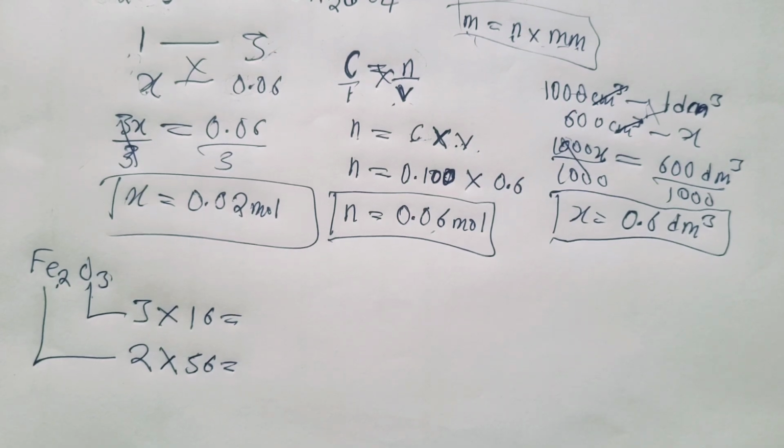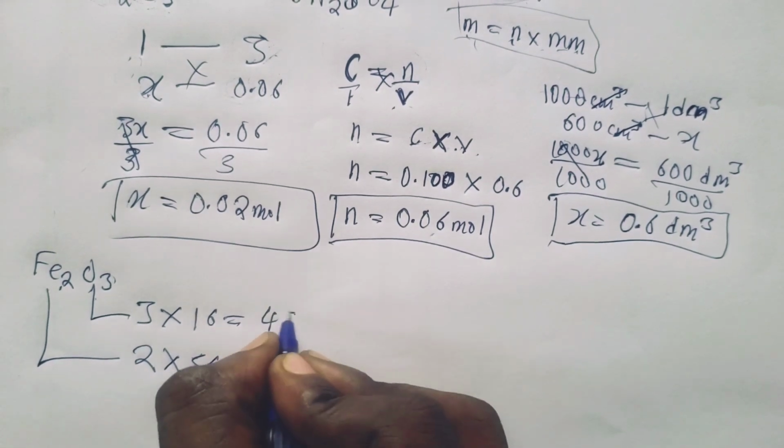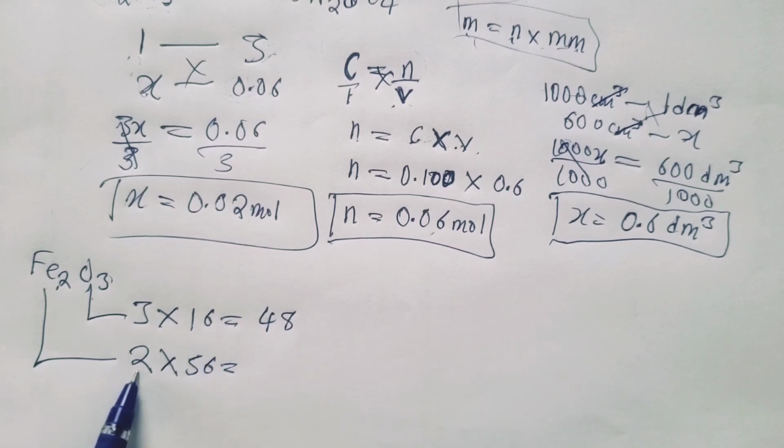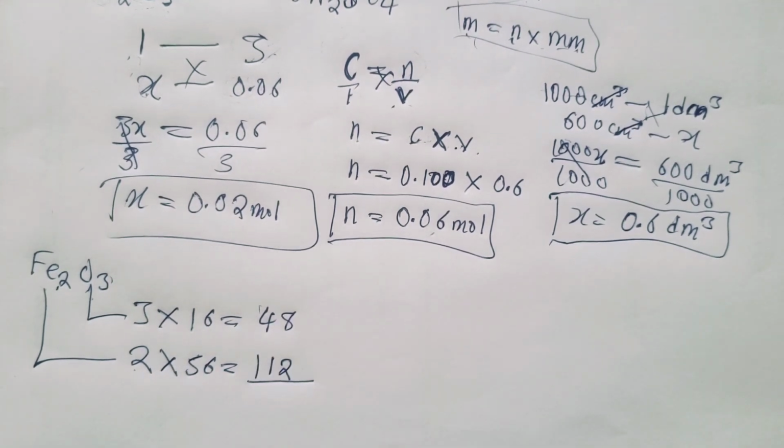3 multiplied by 16 is 48. Then we said 2 multiplied by 56. That's 112. Now we can add this 112 plus 48.